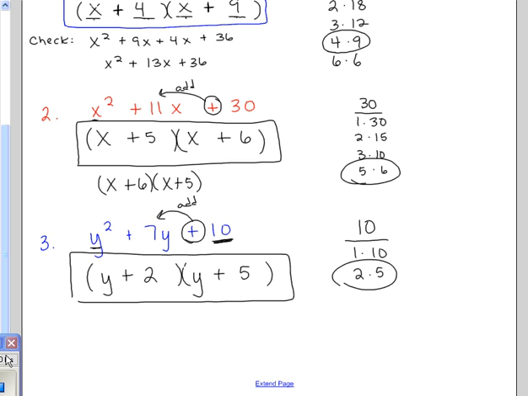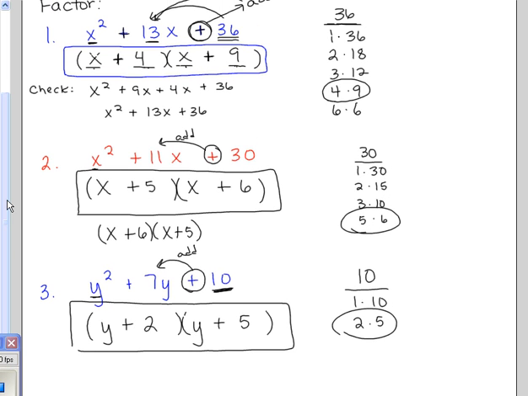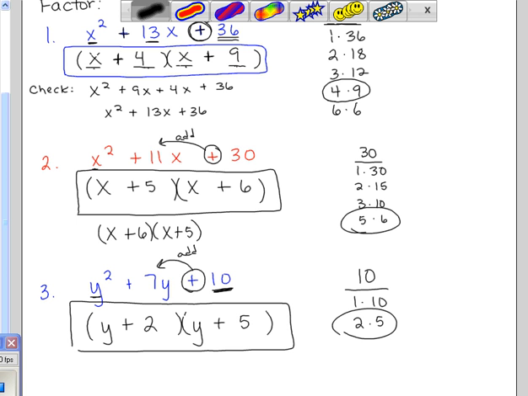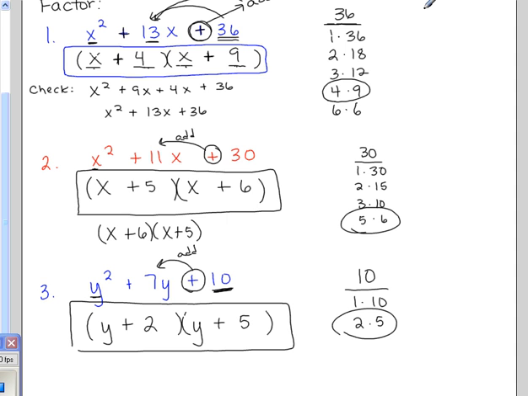Okay, I want you to pay great attention to what's common between these three problems. In all of them, the constant, or the last number, was positive. So I had a positive 36 here, positive 30 here, positive 10 here.